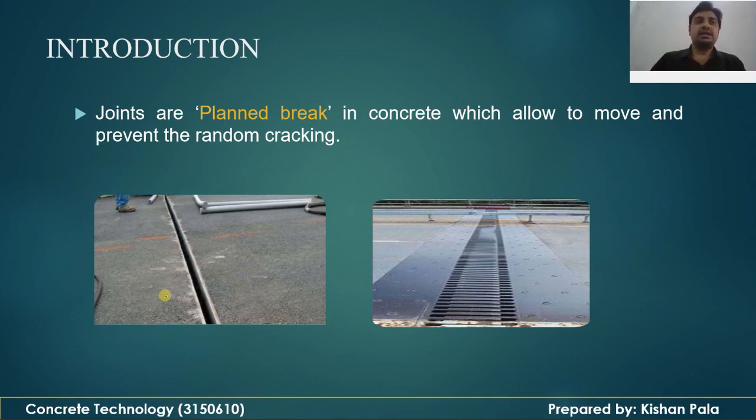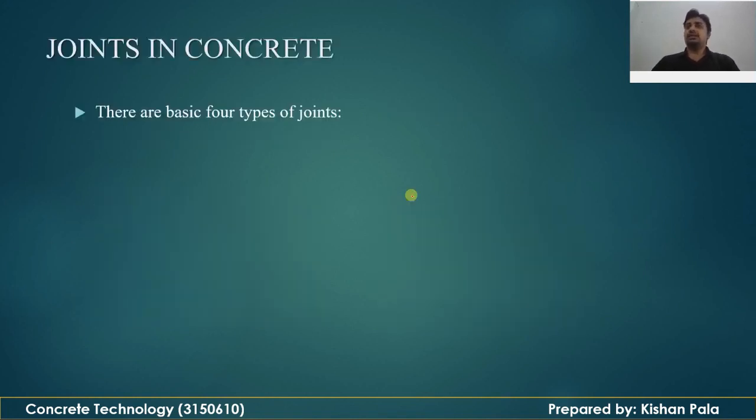You can see in the first photo an expansion joint is provided, and in the second photo, in the bridge element, we have provided a joint in the concrete mass. So let us understand in detail the different types of joints. There are four types of joints.